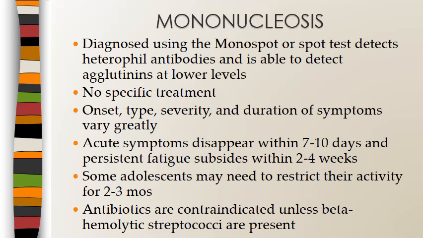Some adolescents may need to restrict their activities for 2 to 3 months because of the fatigue and the hepatosplenomegaly. So antibiotics are contraindicated with mono unless the child presents with beta hemolytic strep or strep throat is present, and then we would treat that with the antibiotics, but not the mono virus itself.